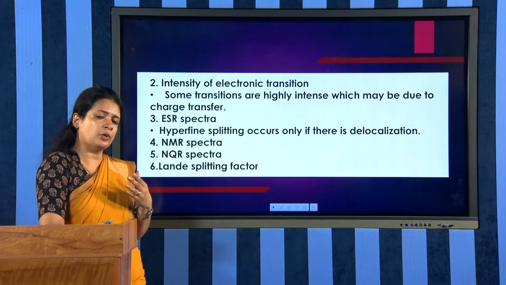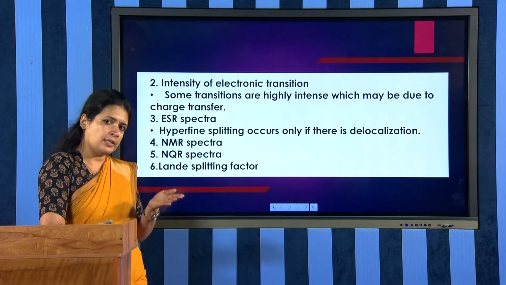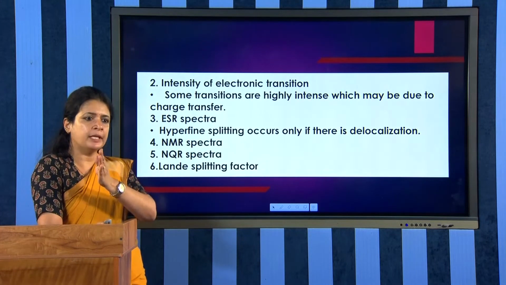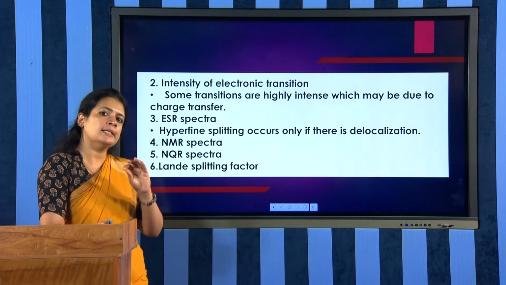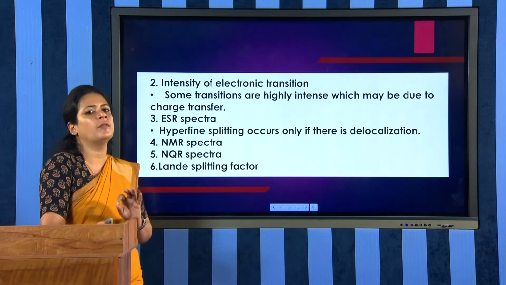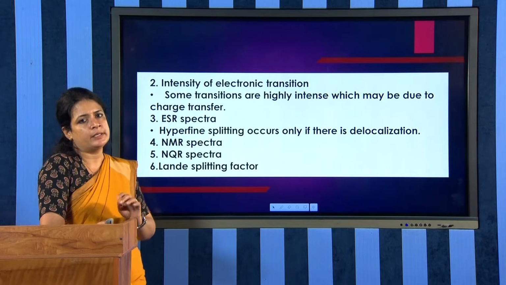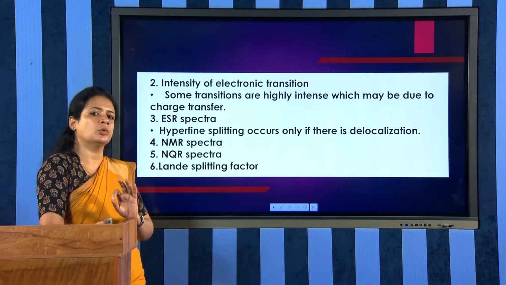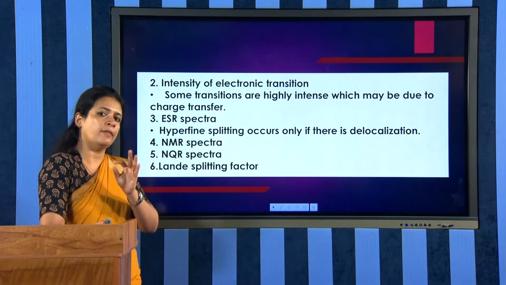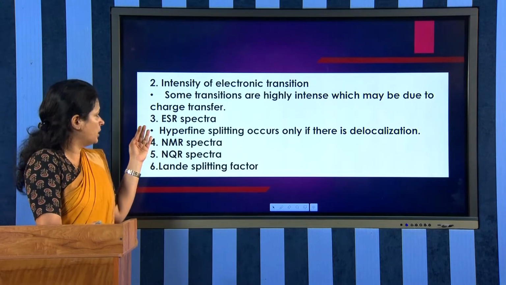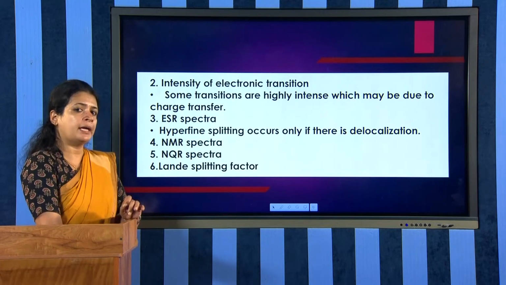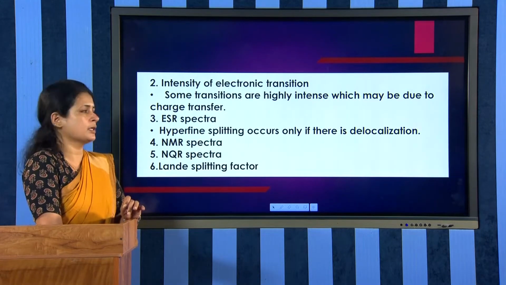Charge transfer means electronic transfer from the metal to ligand or from the ligand to metal, which means there is a kind of covalency in the complex. So, these charge transfer transitions are also an evidence for the covalency.